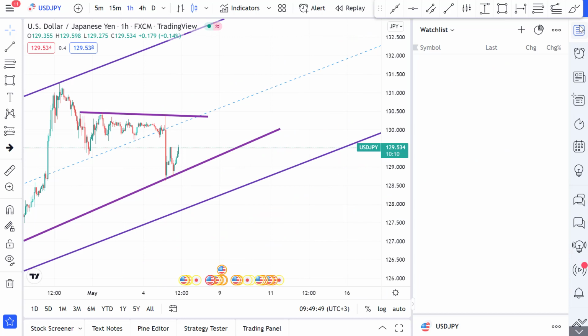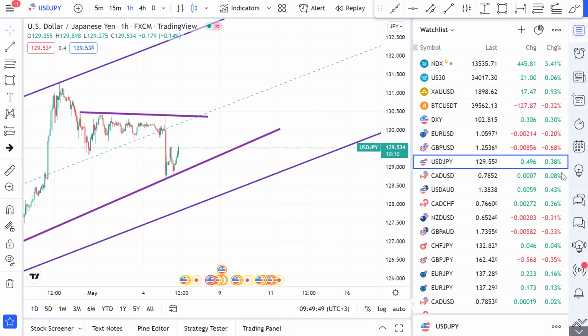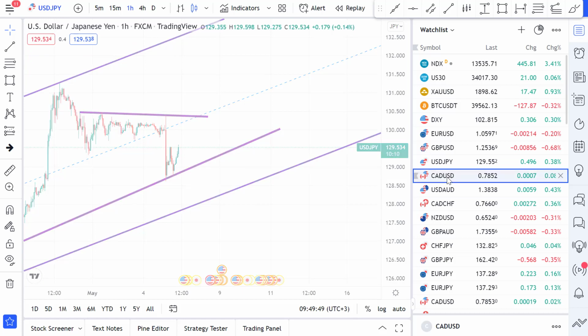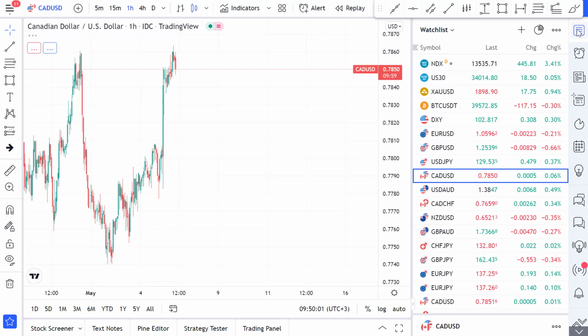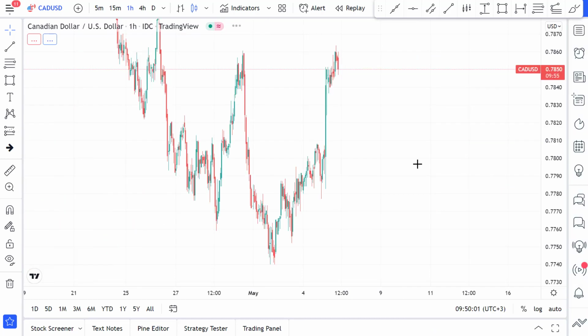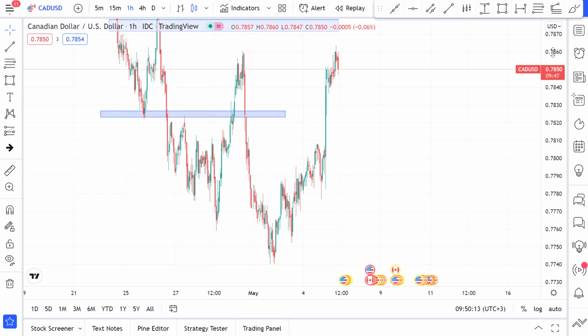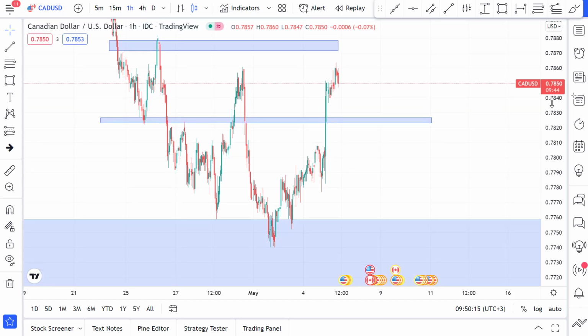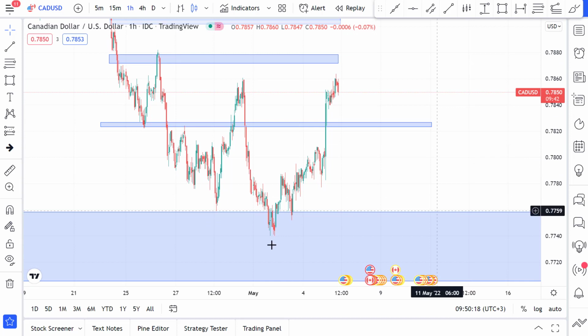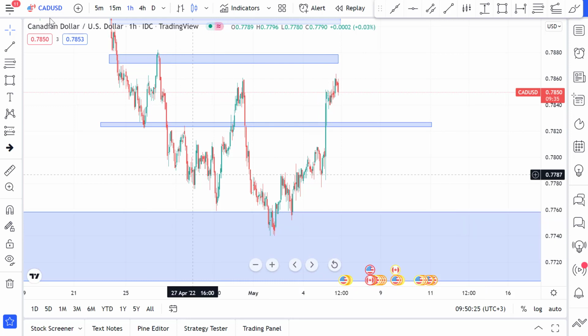And just two markets left: Canadian dollar and Australian dollar. Take a look at Canadian dollar USD, and you can see I told you in my previous analysis and previous videos, if you go and watch, that this line is a very strong line for demand. This is a demand zone for the Canadian dollar.